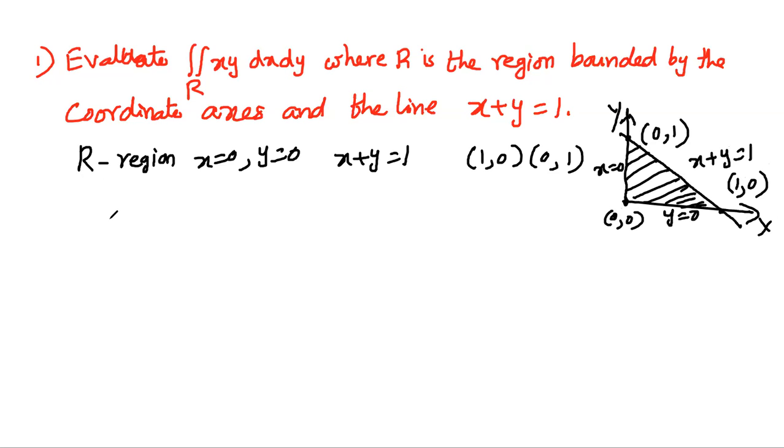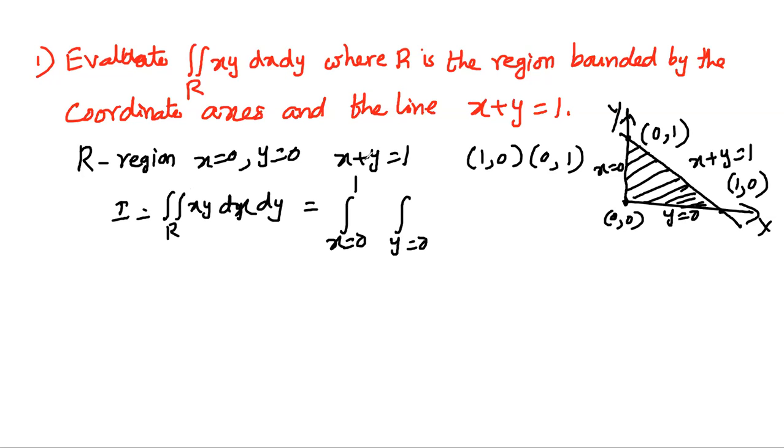Let's consider I is equal to the double integral over R of xy dx dy, which means since x is from 0 to 1, what is the y value? Y is from 0 to 1 minus x, since x plus y is equal to 1, y is equal to 1 minus x.